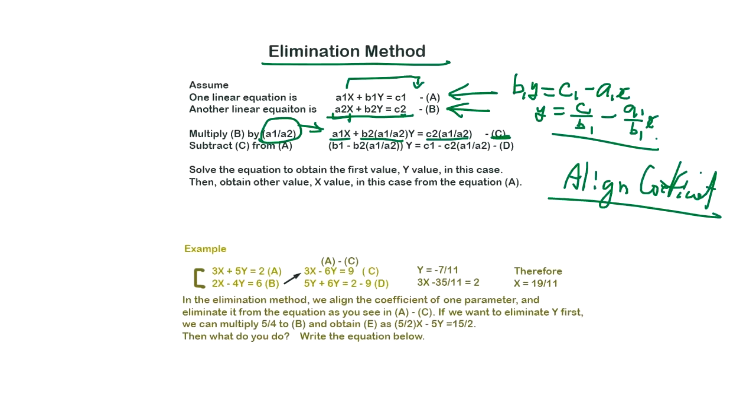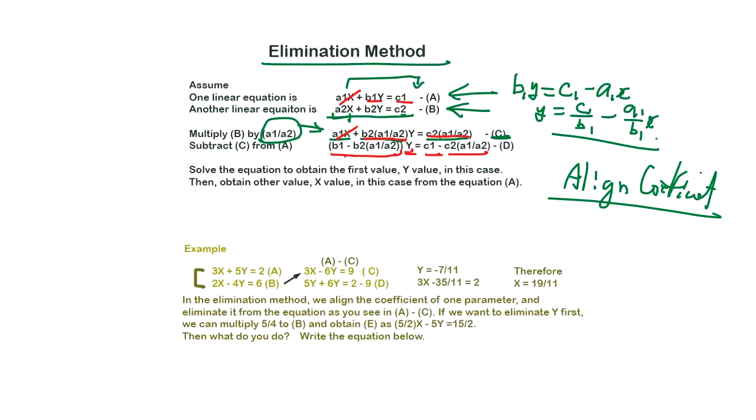Okay, then x disappears, right? You subtract, x disappears. The only things you are left with is b1 minus this guy, y equals c1 minus this. So you get the y, right?